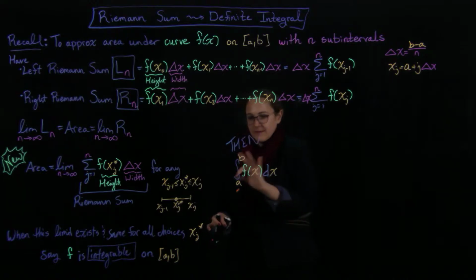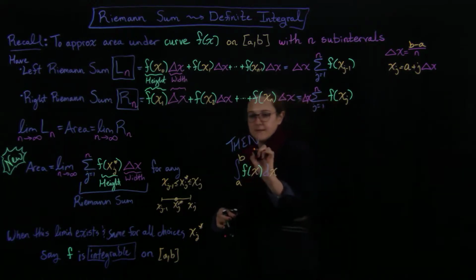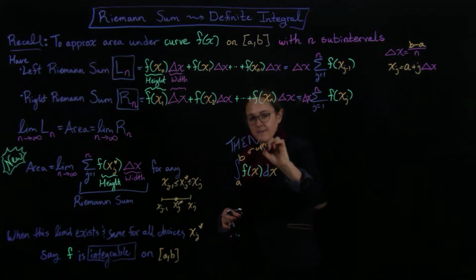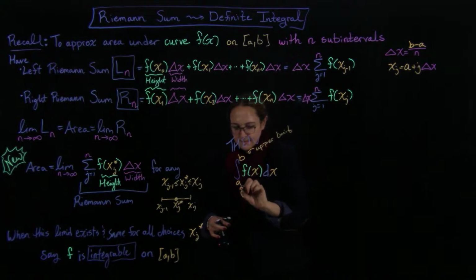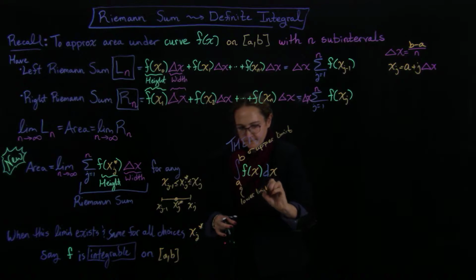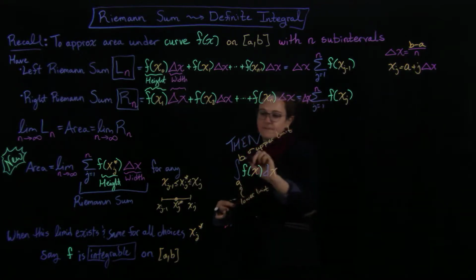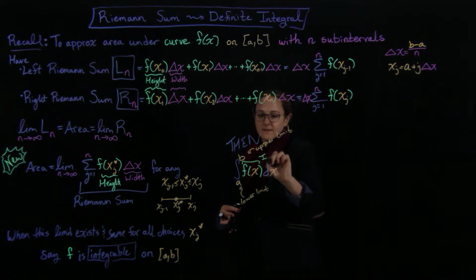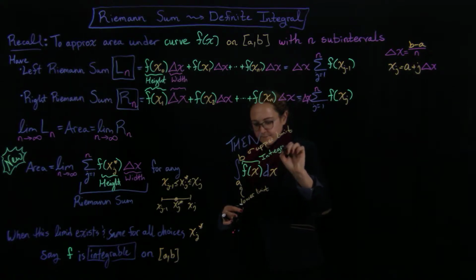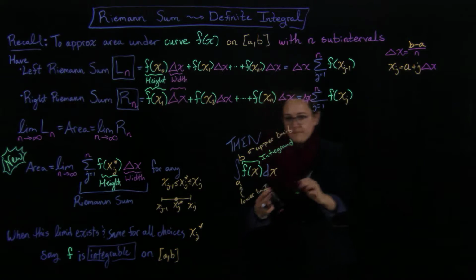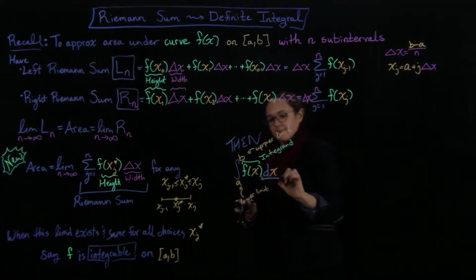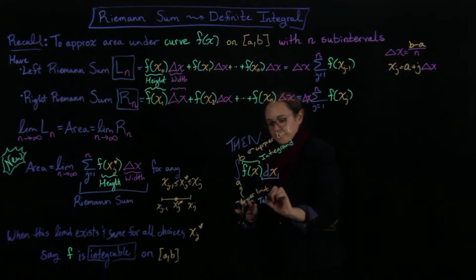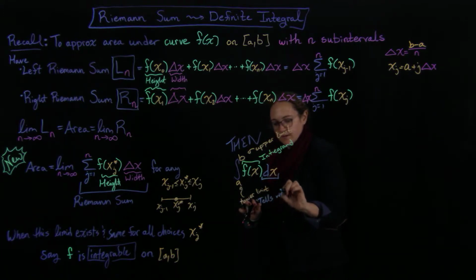And we have names for all these things. This here is called the upper limit. This here is called the lower limit. This function here is called the integrand. And this part here tells me what I'm integrating with respect to.